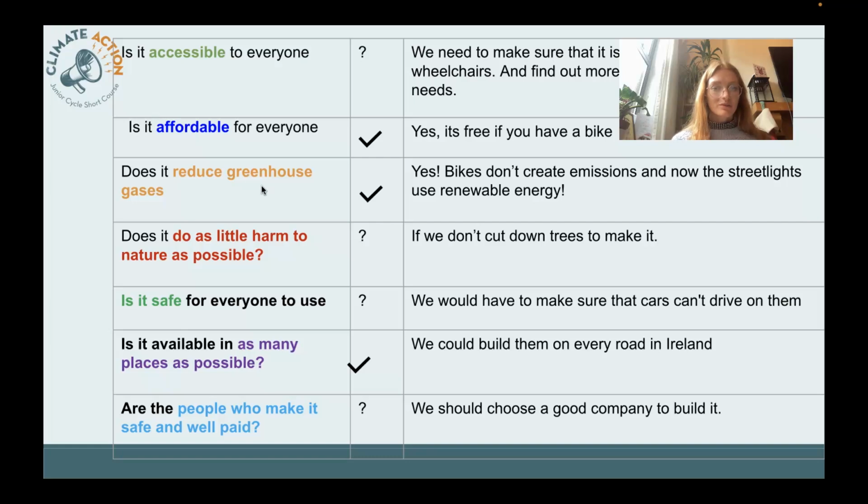I'm sure it's affordable for everyone, because once you have a bike, it's free. Now, maybe we need to help people get bikes. I don't know if it does as little harm to nature as possible. So I put a suggestion that if we don't cut down trees to make it, it'll do as little harm to nature as possible. So it's just trying to match up the idea and getting students to think about the values.